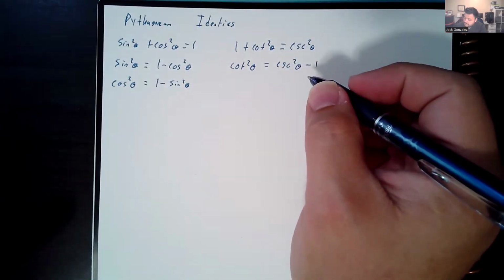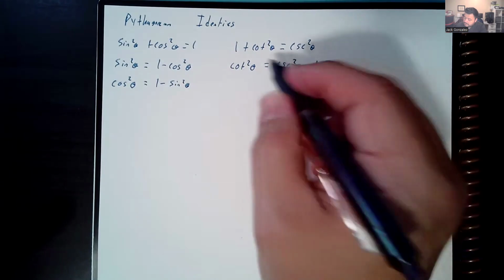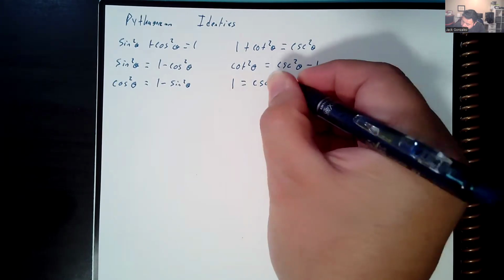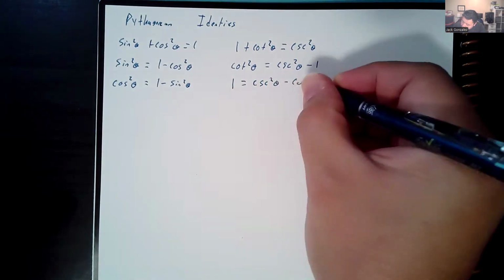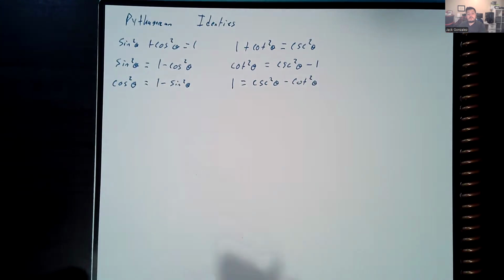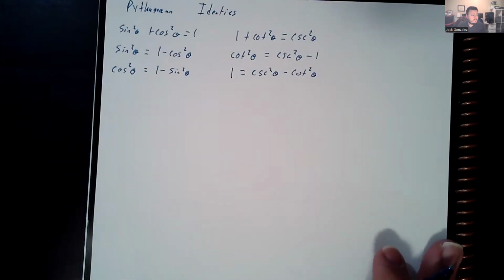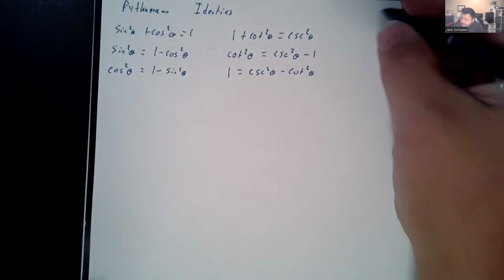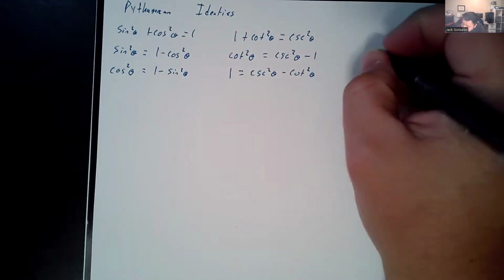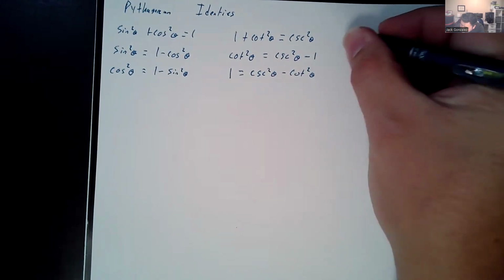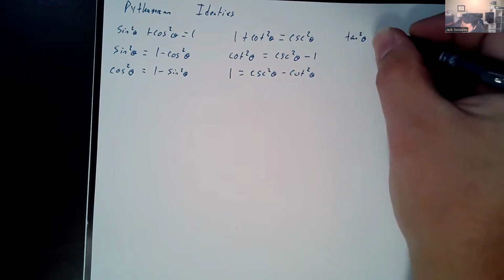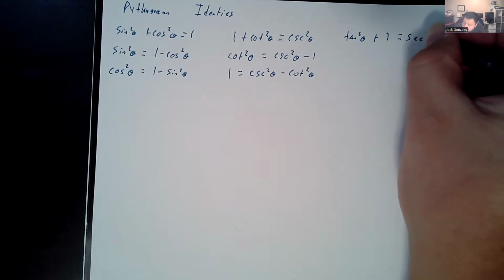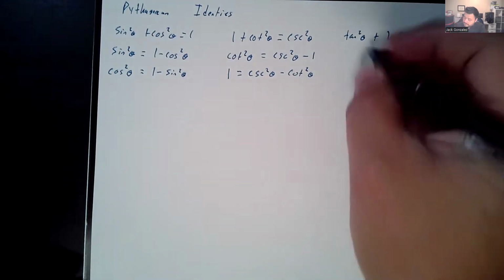And if I subtract the cotangent squared, I can isolate the 1: cosecant squared theta minus cotangent squared theta is equal to 1. Now, if I divide everything by cosine squared, I'll get another set: tangent squared theta plus 1 equals secant squared theta. Now move things around, and we'll have all nine of them.